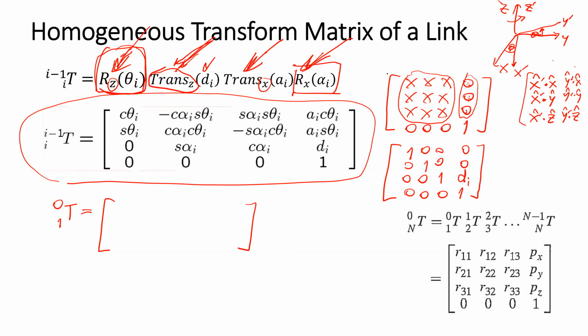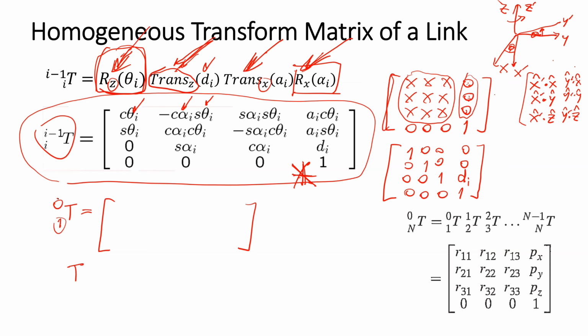And if you have the product of the 4 matrices, finally you can derive this one. For the derivation, please check our last week video. But in the exam, we will give you this matrix. You just need to know how to put the values of this to compose the matrix.